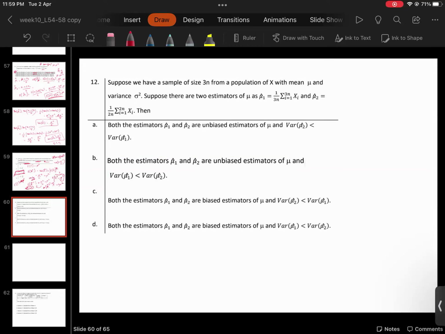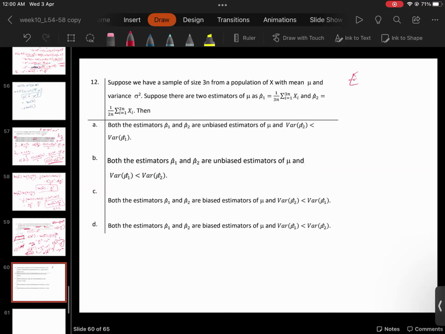It's very similar to the problem that we saw earlier, the previous one. So we need to calculate expectation of mu1 hat, mu2 hat, and then variance of mu1 hat, mu2 hat.